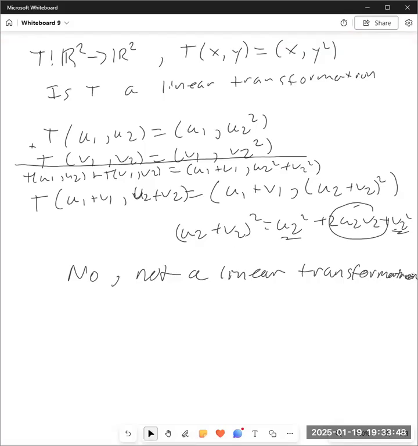Okay. Let's look at number 13 next. This is number 9. 13 says that we have T from R2 to R3.